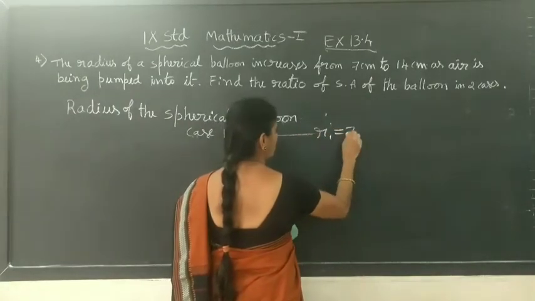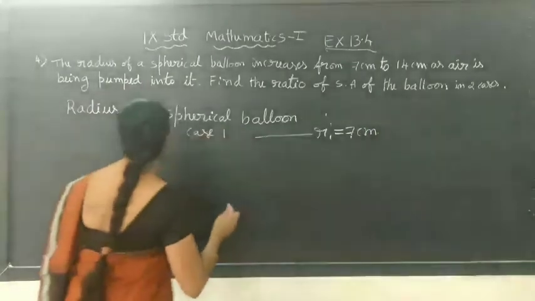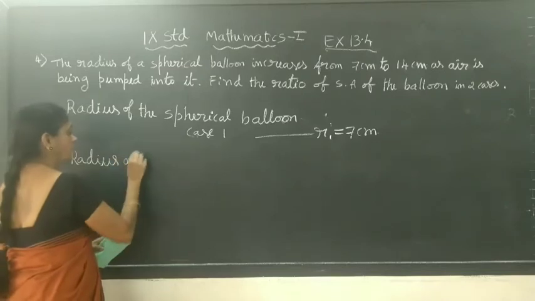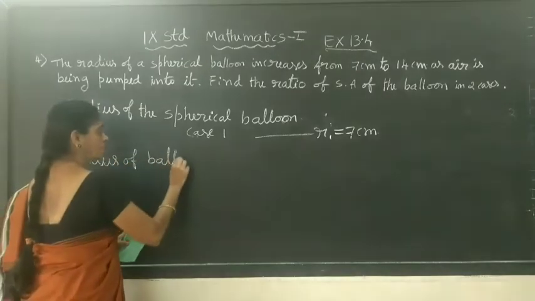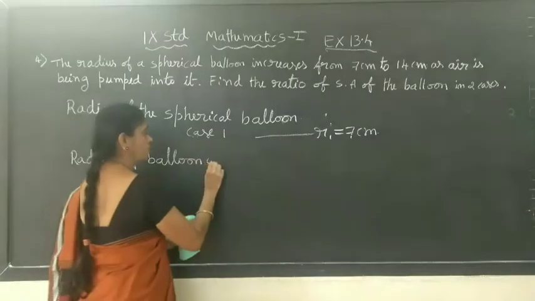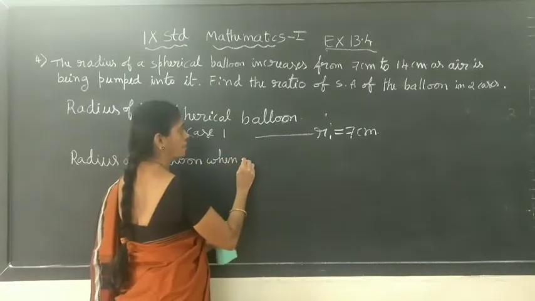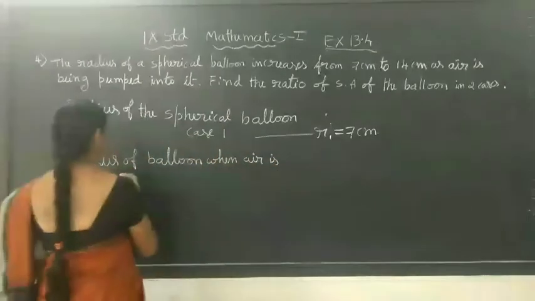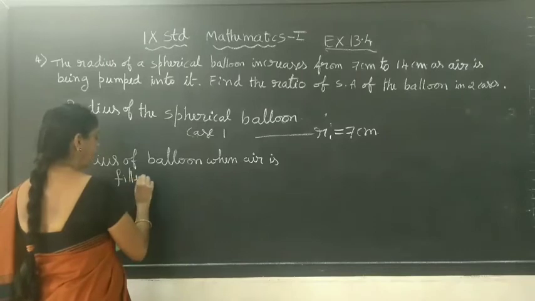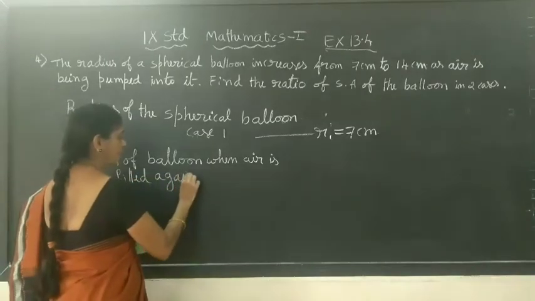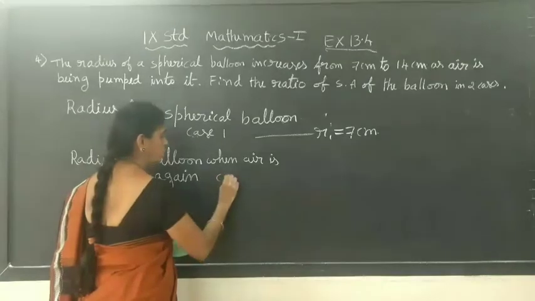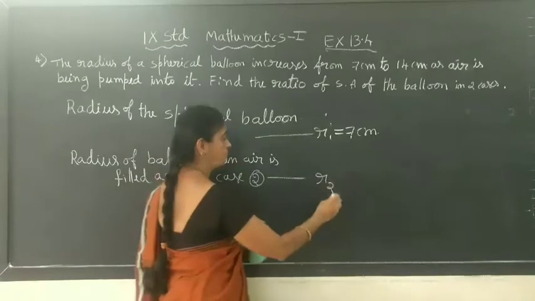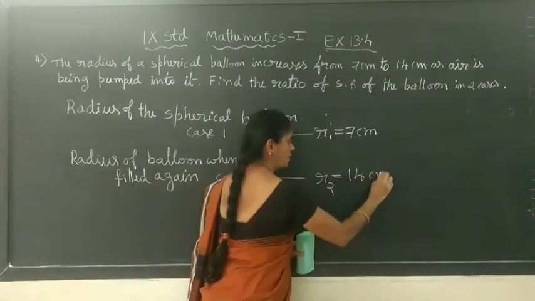R1 is equal to 7 centimeter. Next, radius of the balloon when air is filled again, case 2. R2 is equal to 14 centimeter.